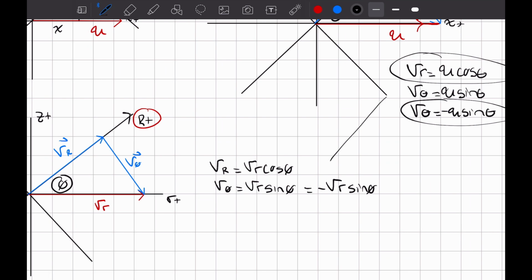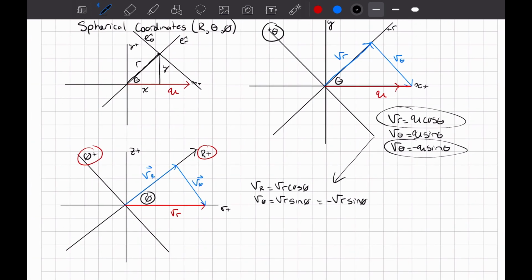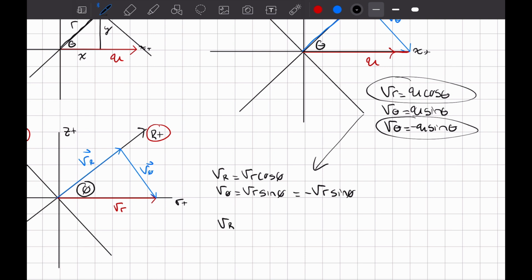And so now we're just going to plug in our values for VR above. So we have V big R is going to be equal to U cosine theta cosine phi. V theta is going to be equal to negative U sine theta, and V phi, plugging in for VR, is just going to be, let's see here, U cosine theta.